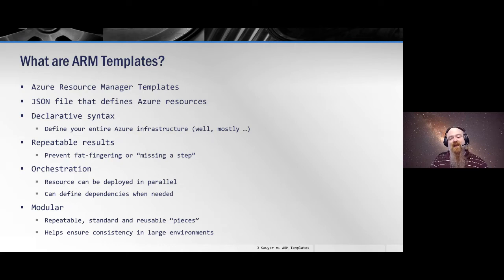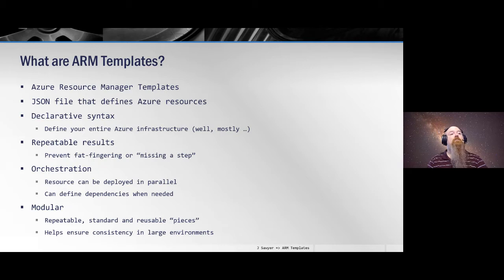There are times when resource A requires resource B to be created first. A perfect example of this is an Azure function, right? An Azure function requires storage to be created first. So you can define those dependencies when you need to in your ARM template.